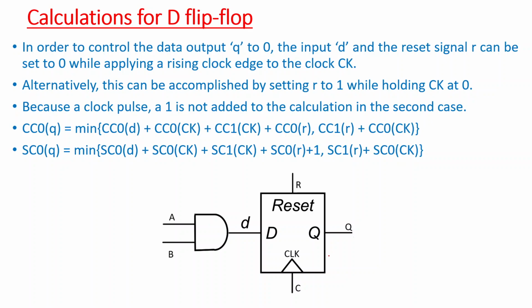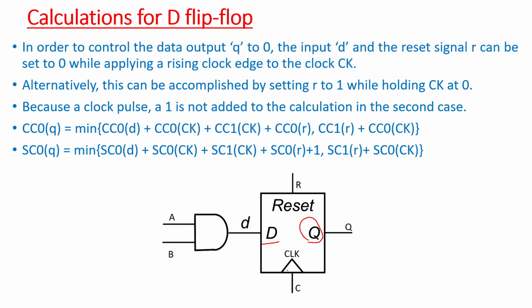Now let us consider this D flip-flop. We have this signal D, which is the input to this D flip-flop. We want to control this data output Q to 0. Then what we can do is apply the input D as 0, reset as 0, and apply a clock signal.